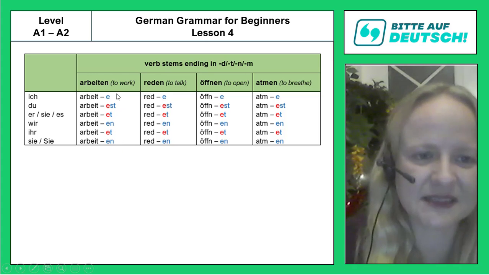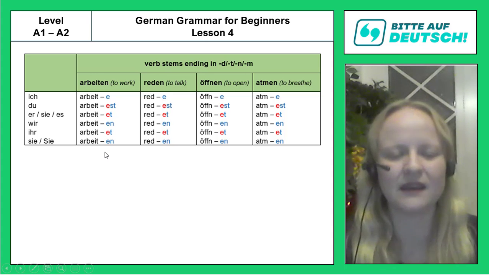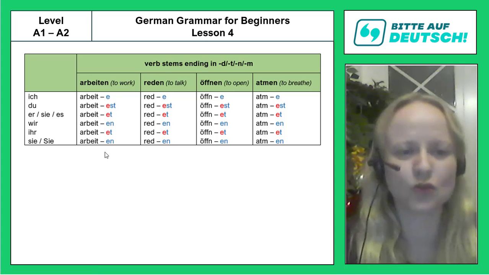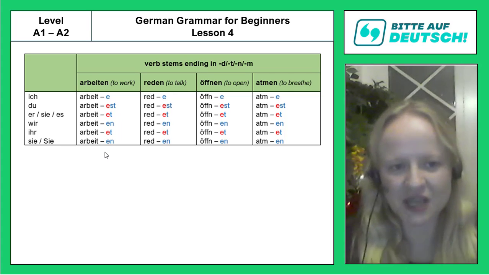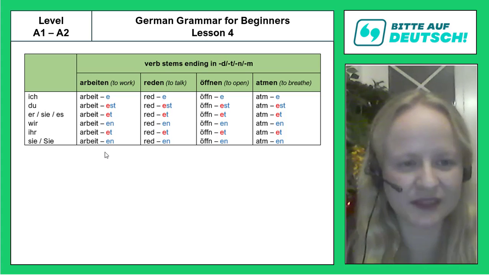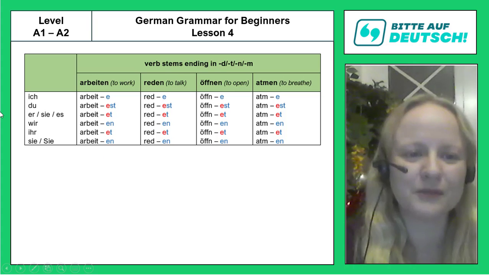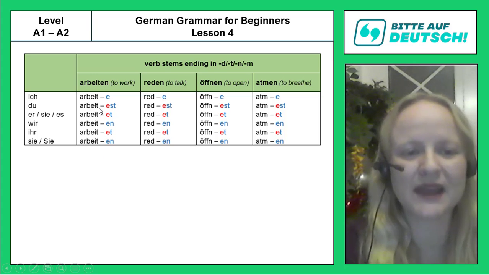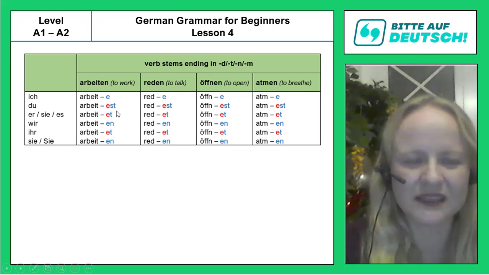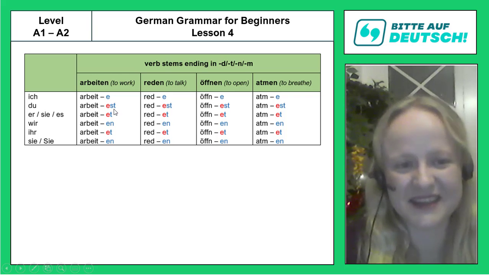But because this verb here does not change its verb stem when you conjugate it, right? It stays the same all the time. Arbeiten, meaning to work, remains unchanged as a verb stem throughout the entire conjugation. So we have an irregularity with a regular verb here. Still, due to the fact that the stem ends in a T, we feel it is very uncomfortable to pronounce if we do not insert another, let's call it a transitionary E, okay?